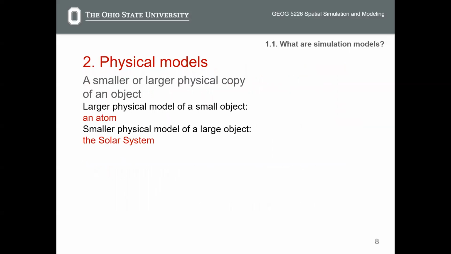And next, let's talk about physical models. A physical model is usually a smaller or larger physical copy of an object. It could be a larger physical model of a small object. For example, you want to create a model that can be manipulated to address an atom. Obviously, an atom is not something you can see with your eyes, right?